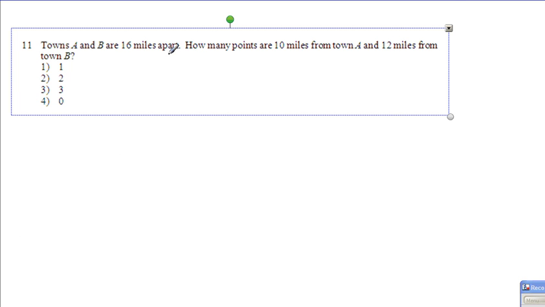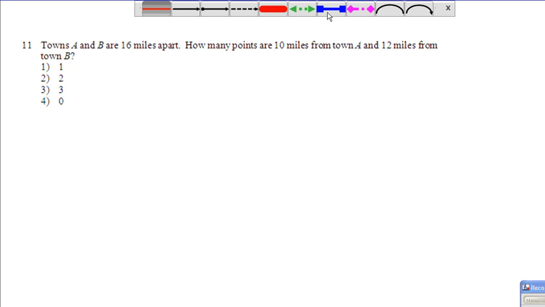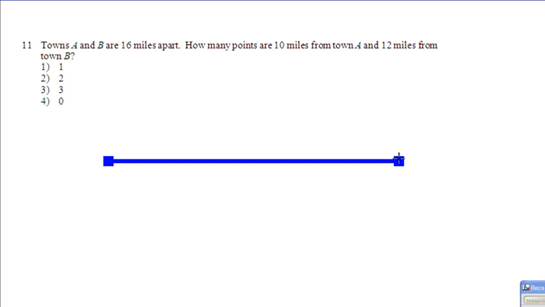Alright, towns A and B are 16 miles apart, so one way which we can say this, hey, let's see, this is A here, and B here, and then they are 16 miles apart. Now, how many points are 10 miles from town A?